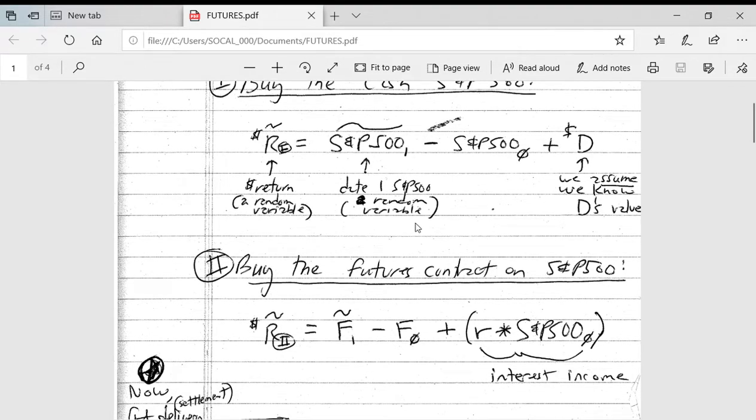Now, a second way to have exposure in a month is to right now take a long position in an S&P 500 futures contract.